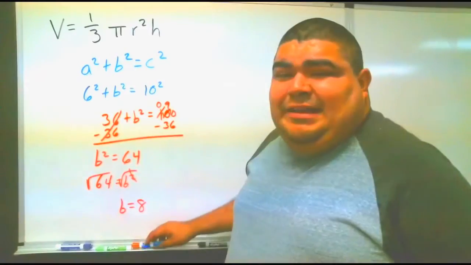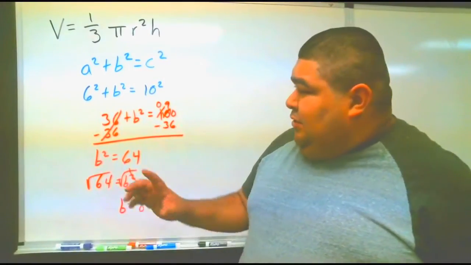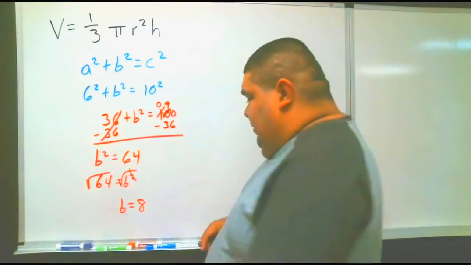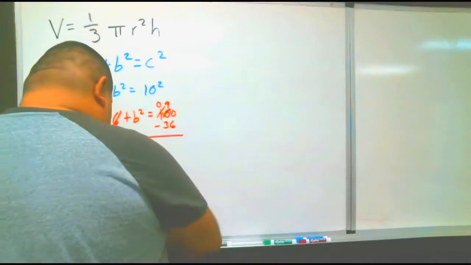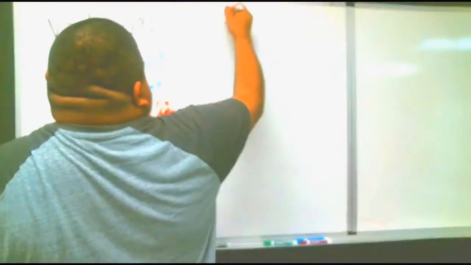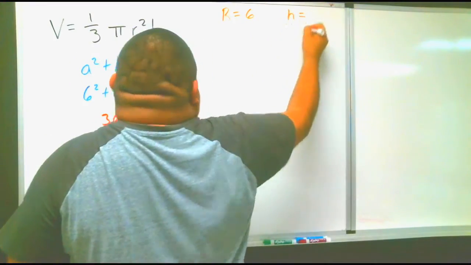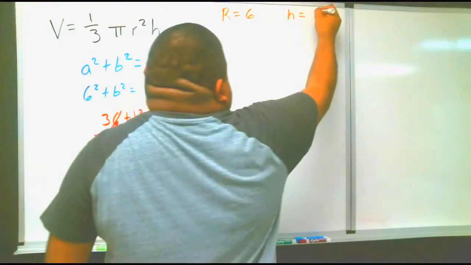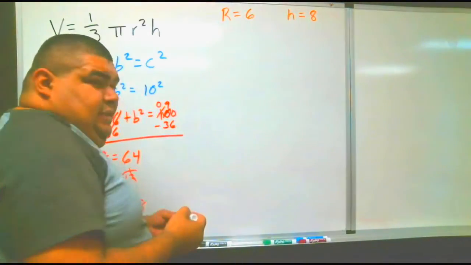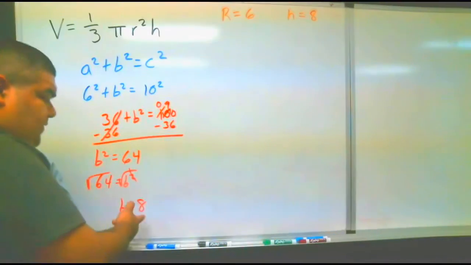We found our height, and we already had our radius of 6. So we have radius equals 6 and height equals 8. That's all we really need.